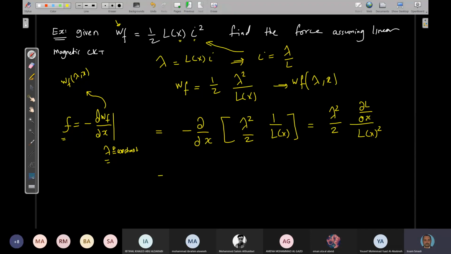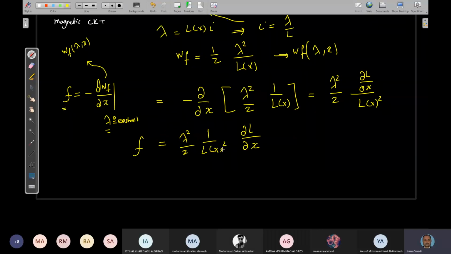So in the end of the day, I will have lambda squared over 2, times 1 over L(x) squared, times partial L with respect to partial x. And this is the force.